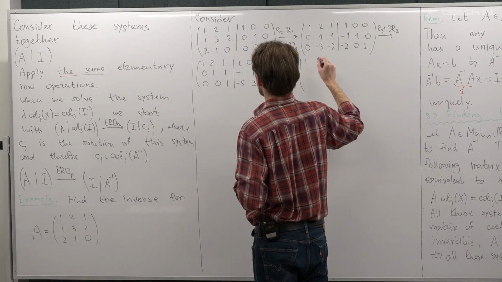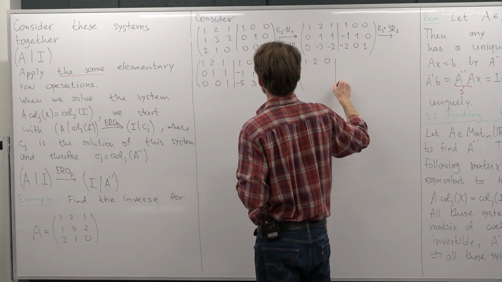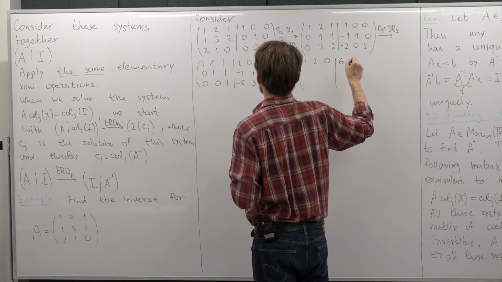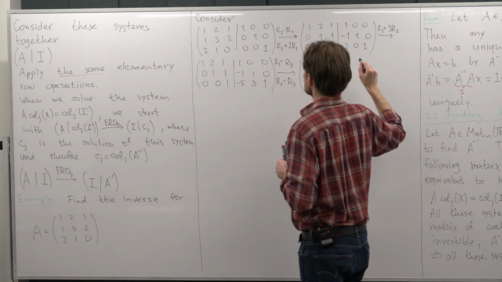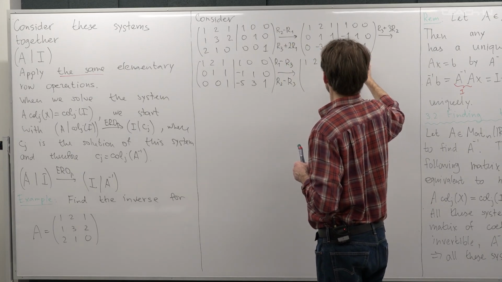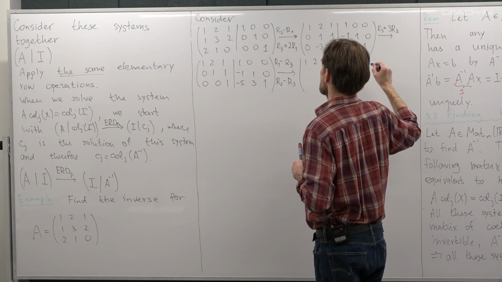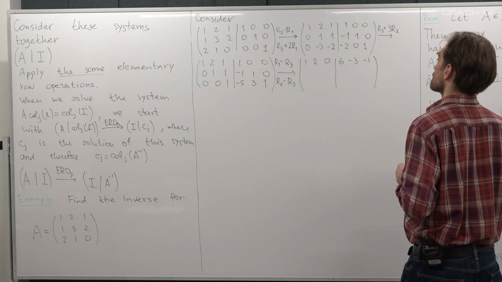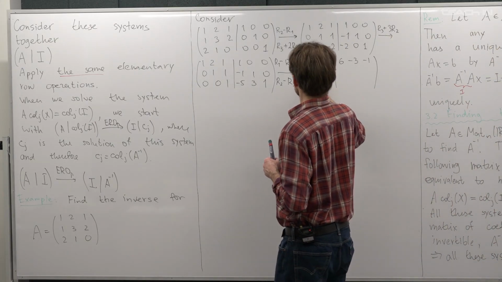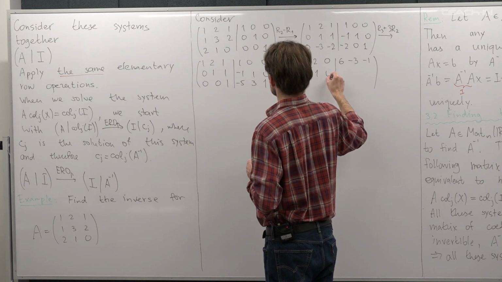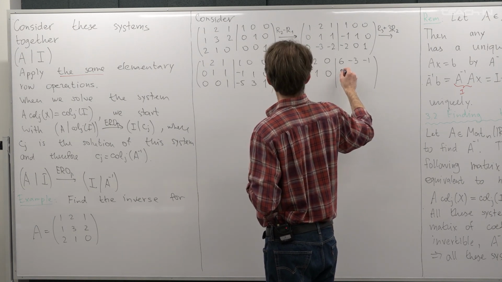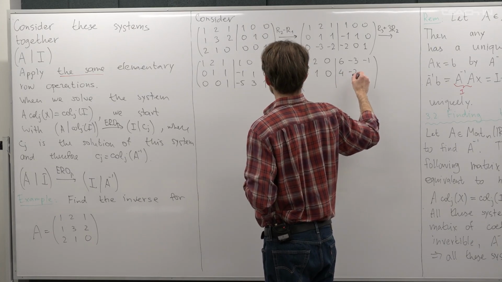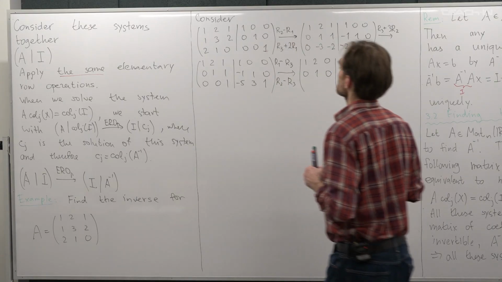So we get 1, 2, 0, then we get 6, minus 3, minus 1, then we get 1, 0, 0, 1, 0, so we get 4, then minus 2, and then minus 1, I guess.